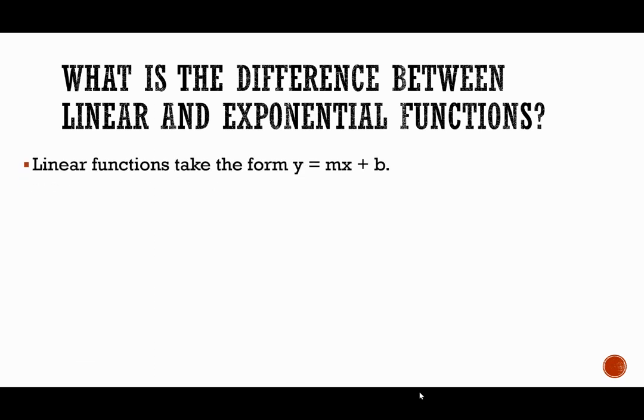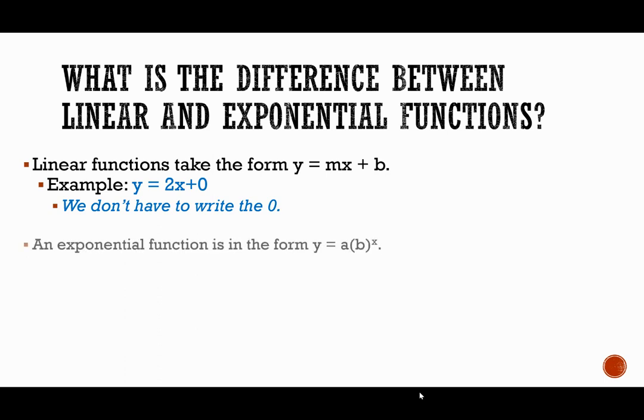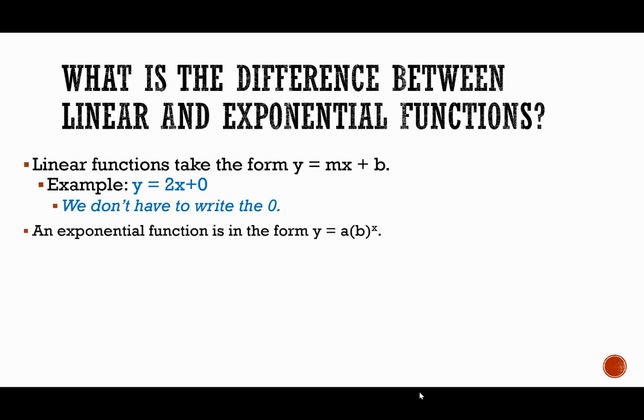So a linear function in slope-intercept form is y equals mx plus b. So for example, something like y equals 2x plus 0. We don't have to write the 0, but I know that my y-intercept is 0 and my slope is 2. Okay, or an exponential function, which is in the form y equals a times b to the power of x.